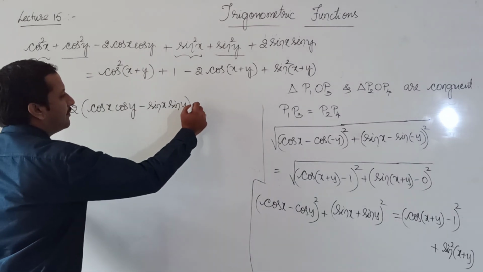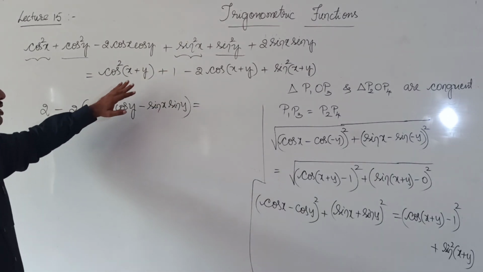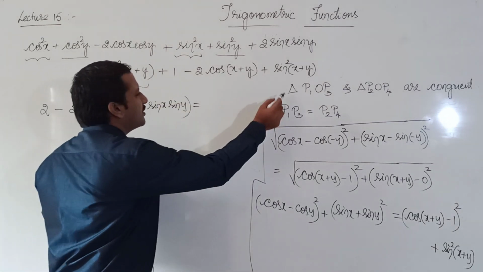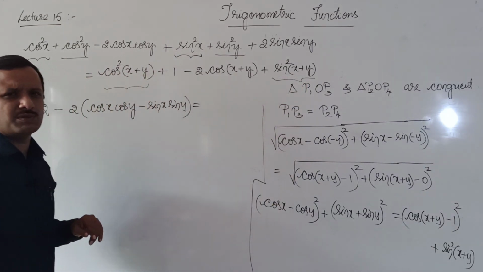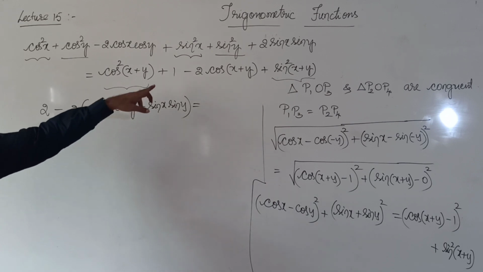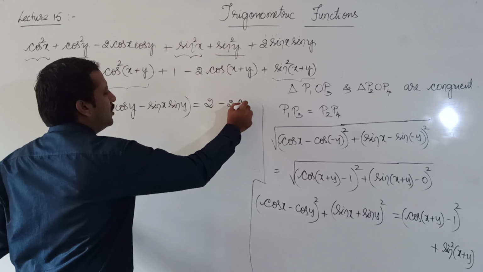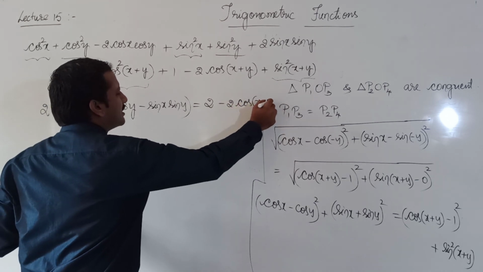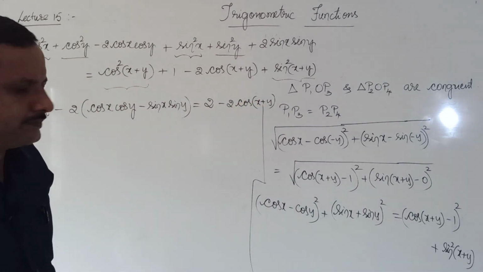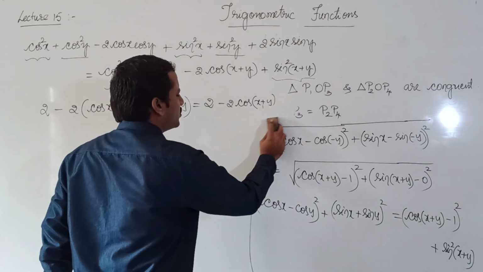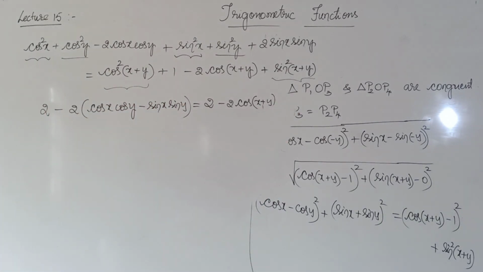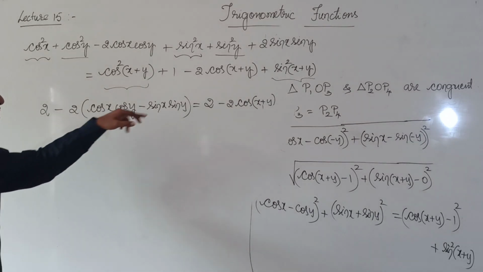That's equal to, look at the RHS now, cos²(x+y) plus sin²(x+y), that sum is 1, and already you have 1 here. So 1 plus 1 is 2, minus 2 cos(x+y). So this 2 gets cancelled.